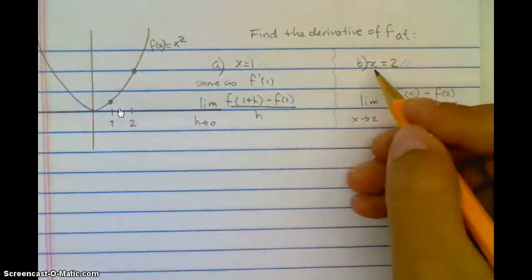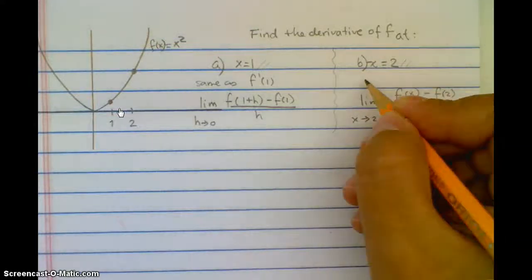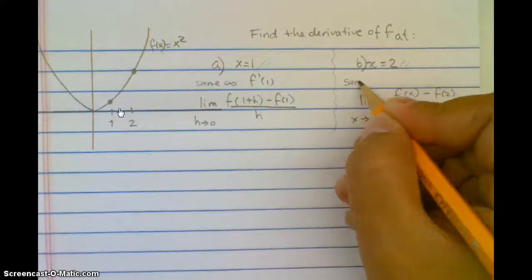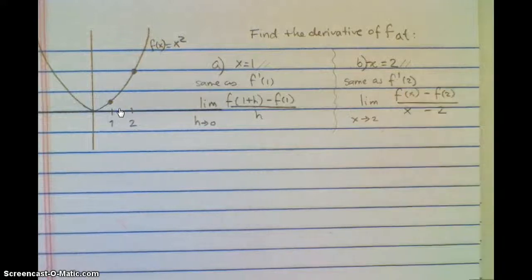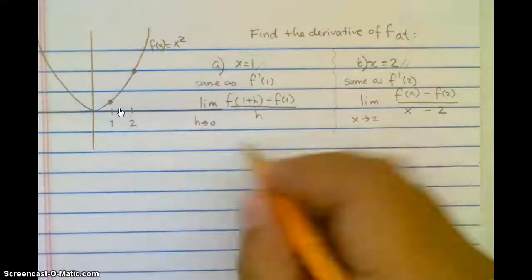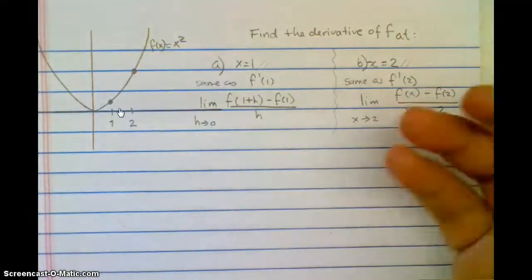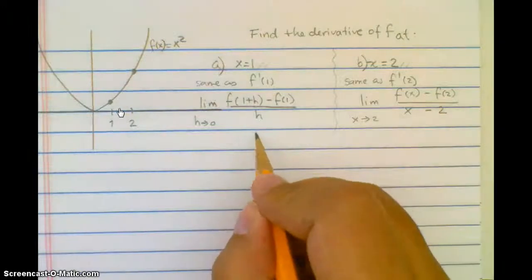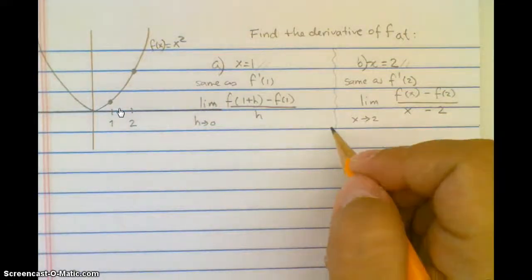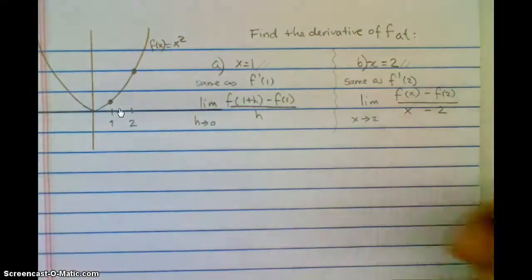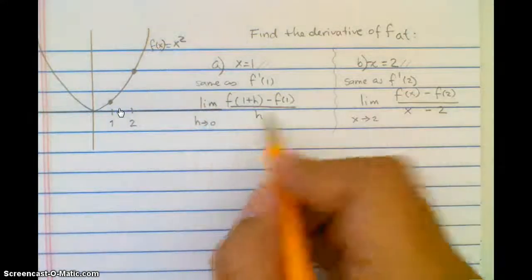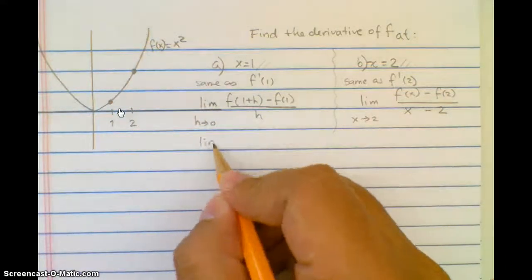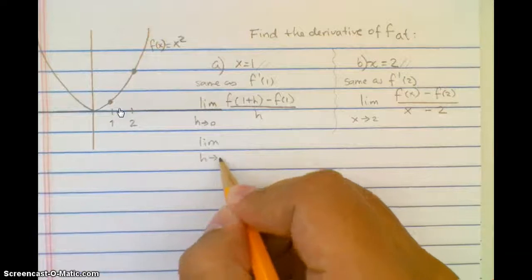So when they ask me for the derivative of f at 2, this is just the same as asking me for f prime of 2. I'm going to do it with both methods just to remind you that you can use either definition of derivative and it will turn out to be the same. So very quickly, for this one, I have this, and then I'm just going to apply my f here.